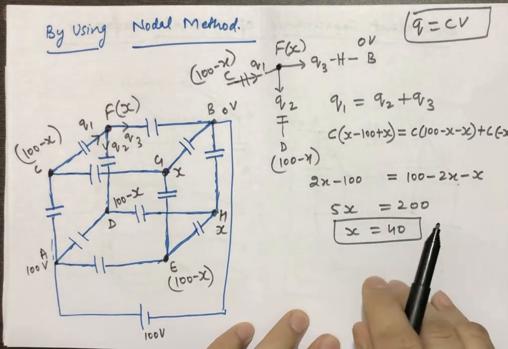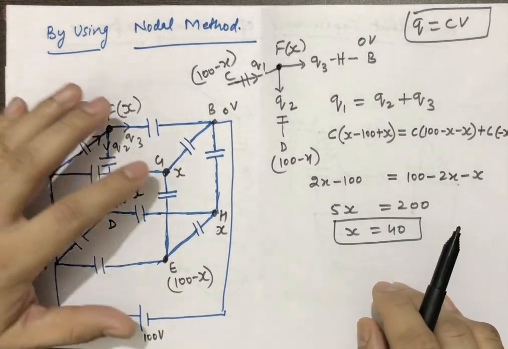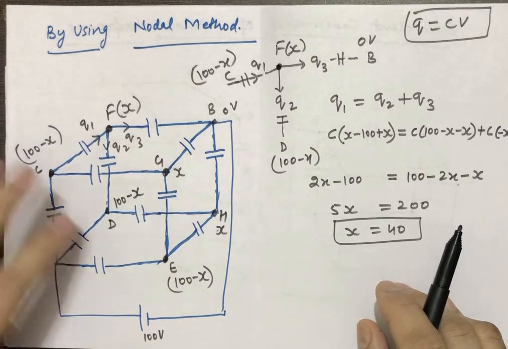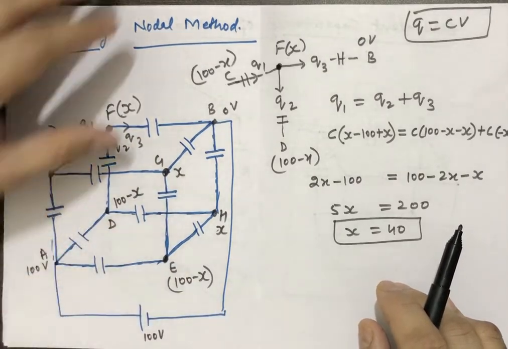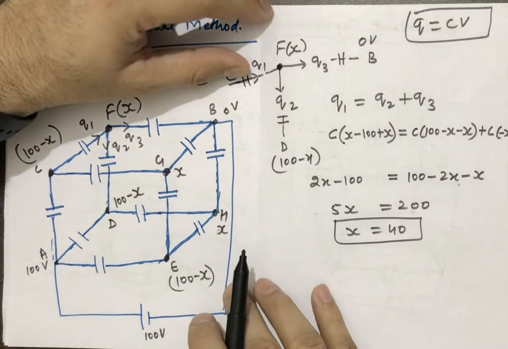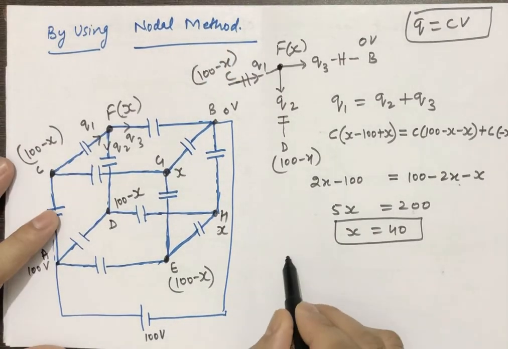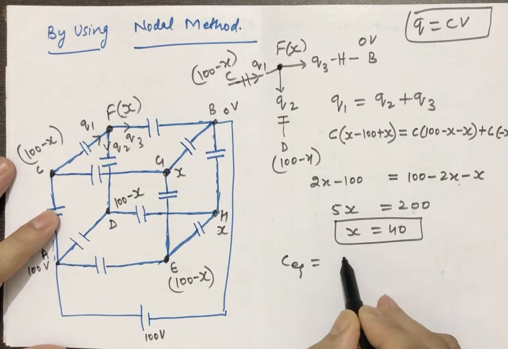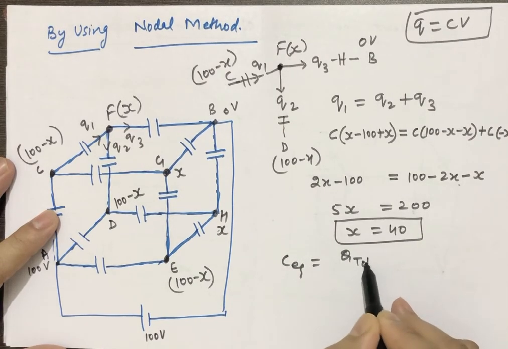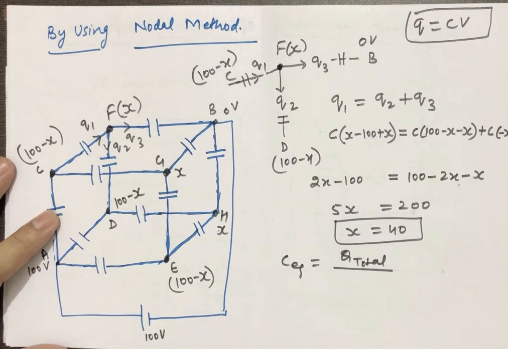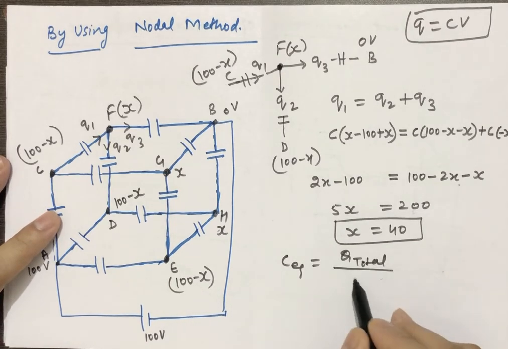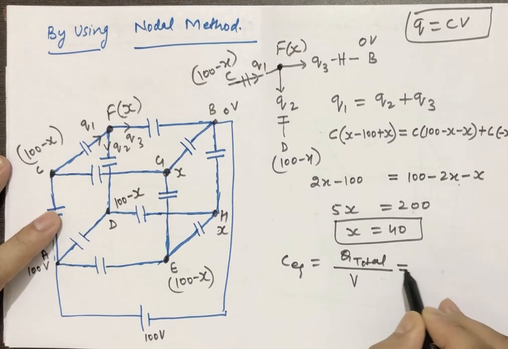So now we know the potential of this F, G, H point, and even we can calculate C, D and E, right? So how will you find the capacitance now? C equivalent is equal to total charge flowing through the circuit divided by total potential.